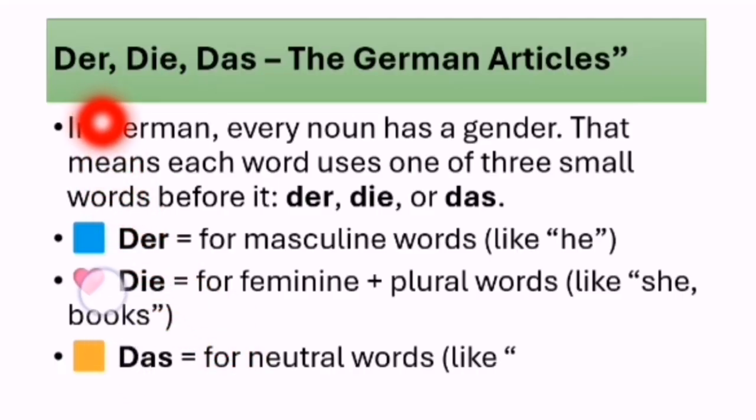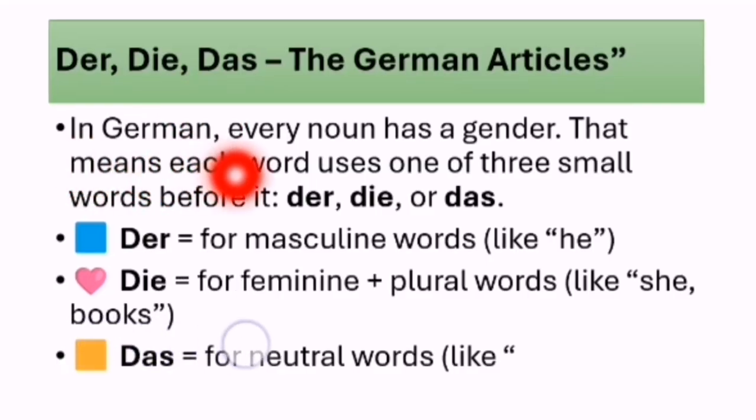So before the revision, let's learn about the German articles. It is very important to know about these articles. These are three articles: der, die, and das. What are these? Learn carefully. In German, every noun has a gender. That means each word uses one of three small words before it, like der, die, or das.